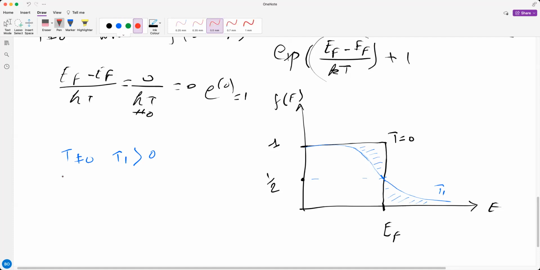What I said also, if I have a temperature that is higher than T1, of course, both of them more than 0, then because the temperature is higher, you have more and more energy states below the Fermi level that are being emptied, and those electrons move to an upper level. So you have this thing.